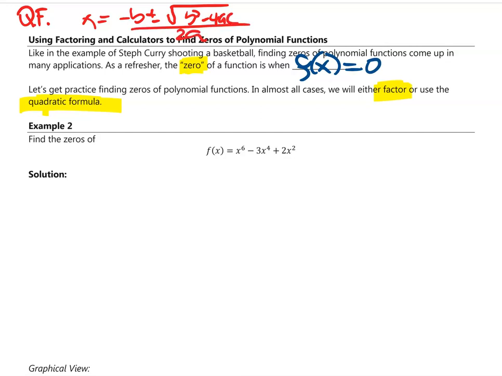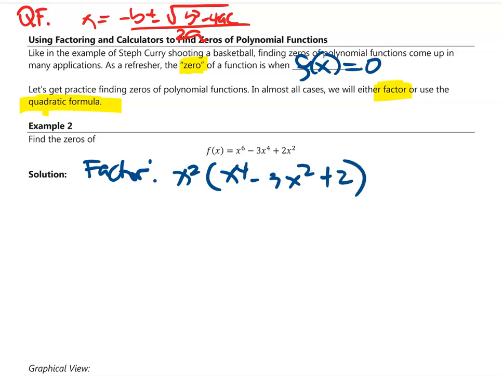Yes. Okay, so example 2, find the zeros of f of x equal to x to the 6 minus 3x to the 4th plus 2x squared. So let's use factoring. We can factor out x squared. Each term has x squared, so this is x squared times x to the fourth minus 3x squared plus 2. And then this trinomial here is still factorable. x to the fourth is x squared times x squared.